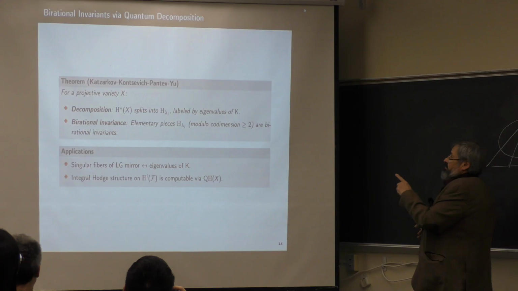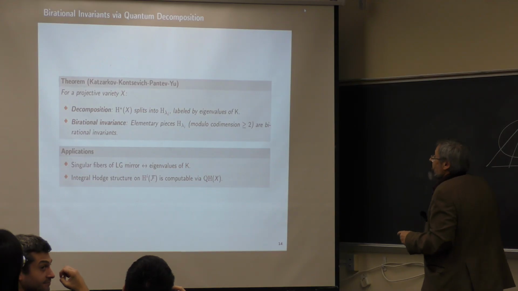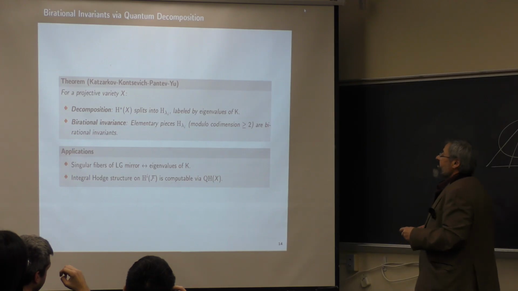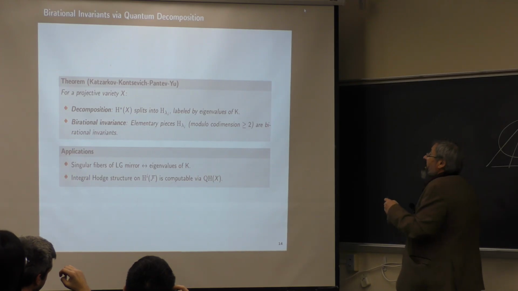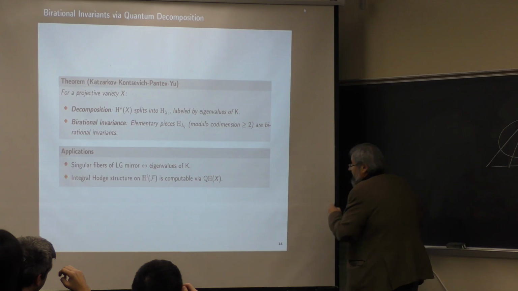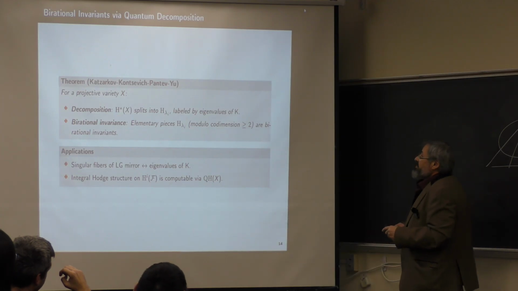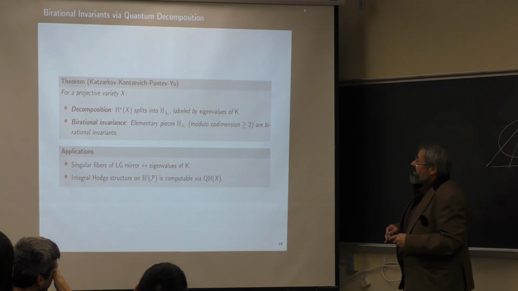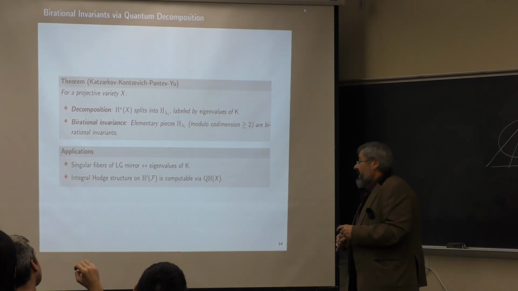And the pieces into which this is split are going to be elementary pieces, eventually atoms. And this splitting is a birational invariant modulo contributions of subvarieties of dimension 2 and higher.